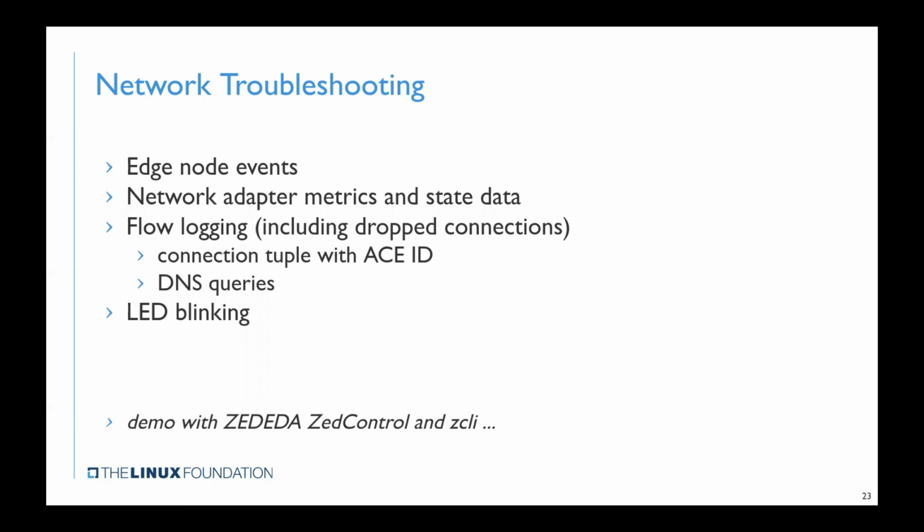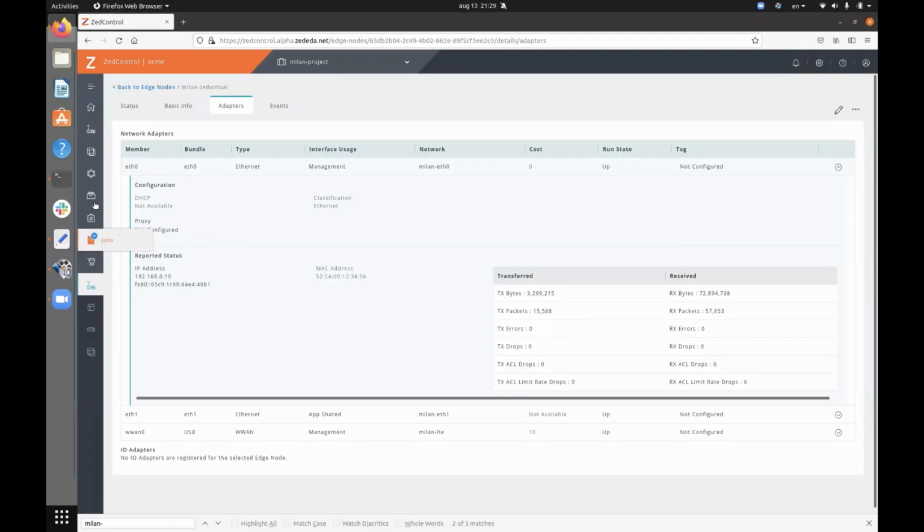This is something that you cannot see in Z control, but when you are creating an access control list, each of these access control entries is assigned a unique ID. For example, the deny all default rule, which is at the end, is assigned 0, and non-zero values are assigned to those which are configured explicitly. And you can see these logged flows under reports.